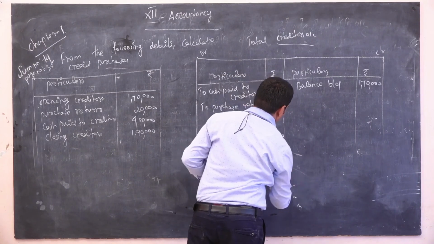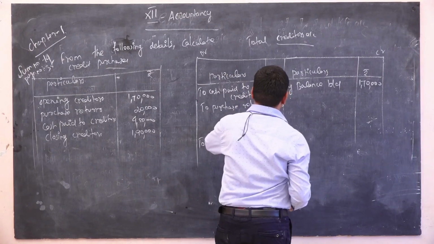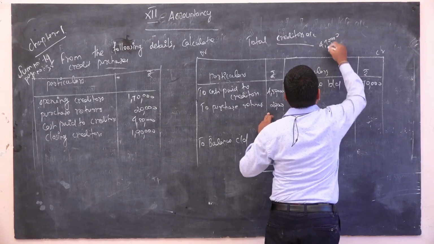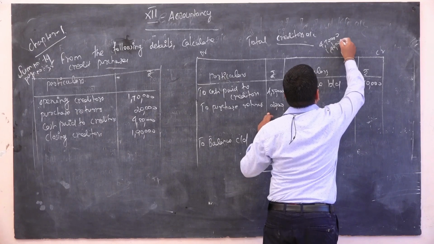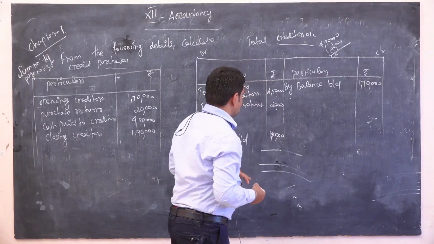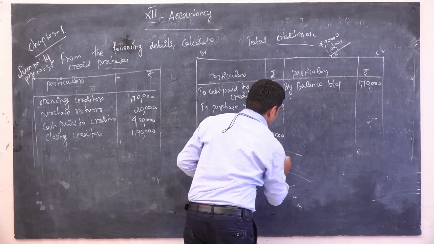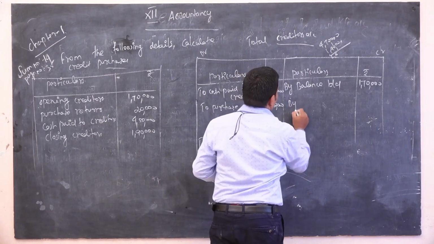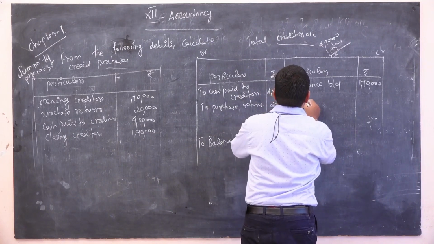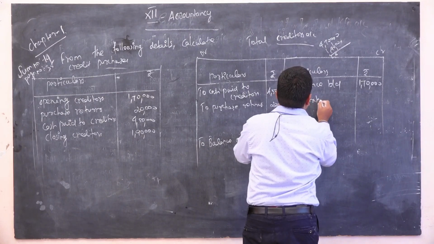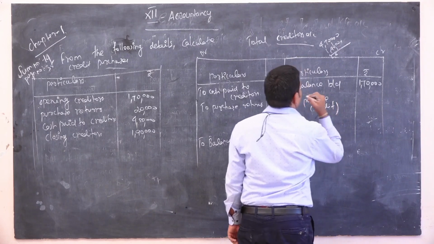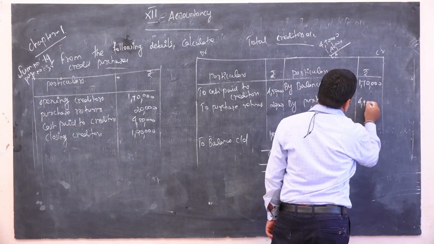So 4,70,000, then adding 1,90,000 gives 6,60,000. Here, by purchase, that is credit, the amount is 4,90,000.